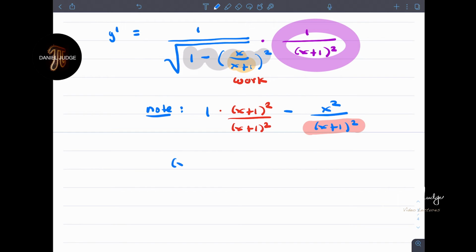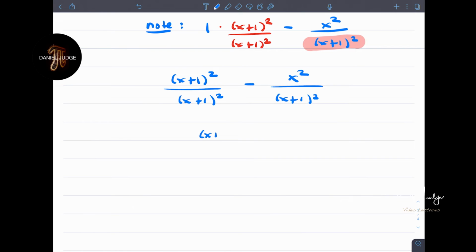This gives us x plus 1 squared over x plus 1 squared, minus x squared over x plus 1 squared. Now we have x plus 1 squared minus x squared over x plus 1 squared.